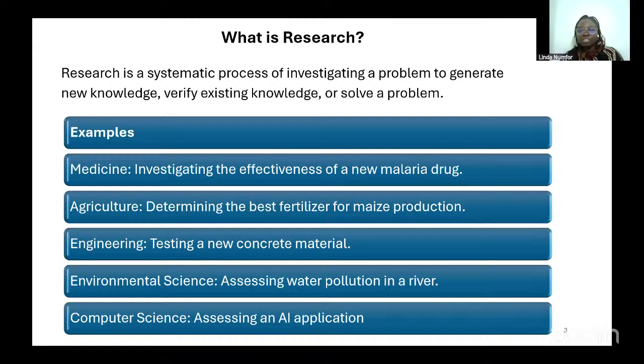So what is research? This is just a process where you are investigating a problem in order to solve that problem, or in order to bring new knowledge. Maybe you want to improve on existing knowledge, or solve a particular problem, then you are doing research. So we do research in medicine, maybe you want to investigate the effectiveness of a new malaria drug.